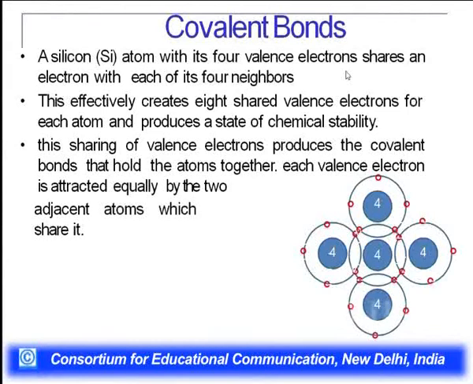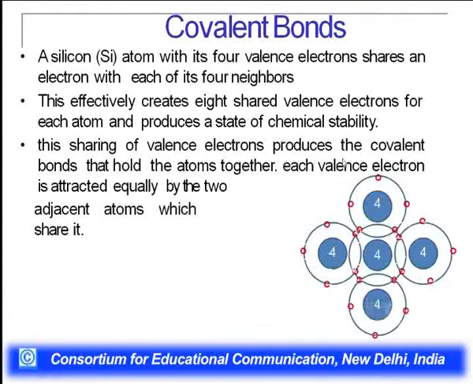And what is the covalent bond? The silicon atom with its 4 valence electrons shares an electron with each of its 4 neighbors. Here we see that it has 1, 2, 3, 4, and each will be shared with another electron. This effectively creates 8 shared valence electrons for each atom, and produces a state of chemical stability.